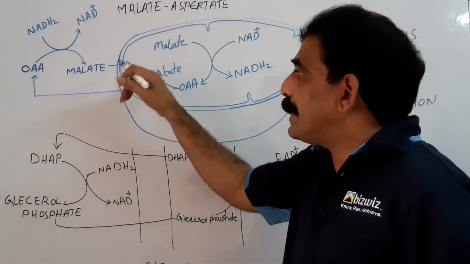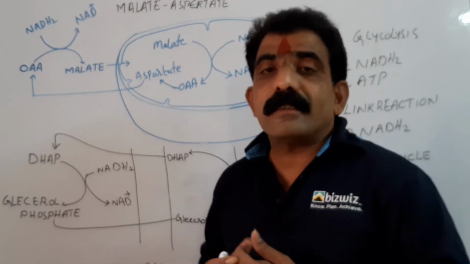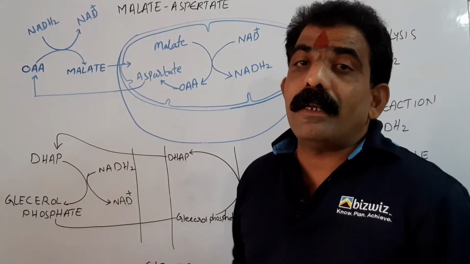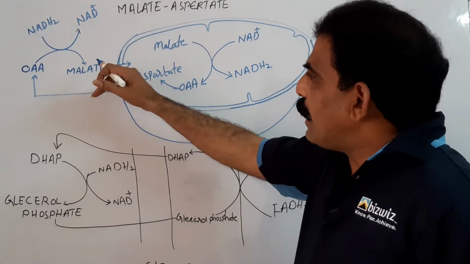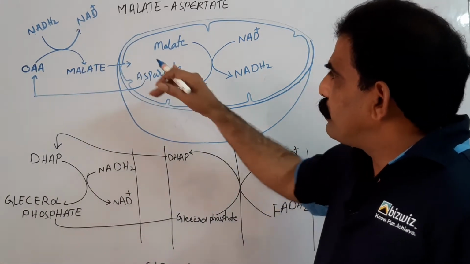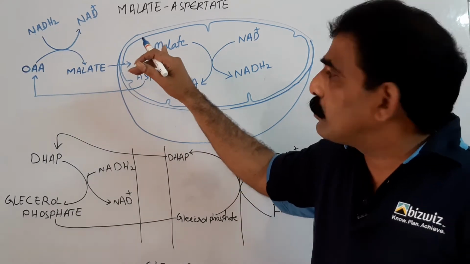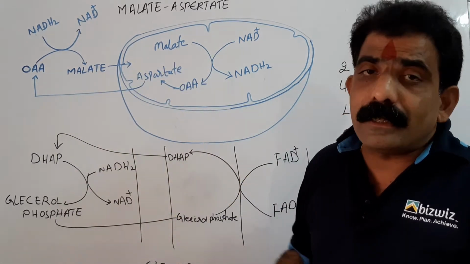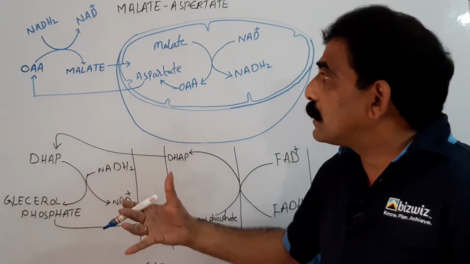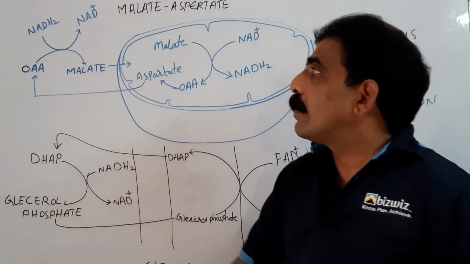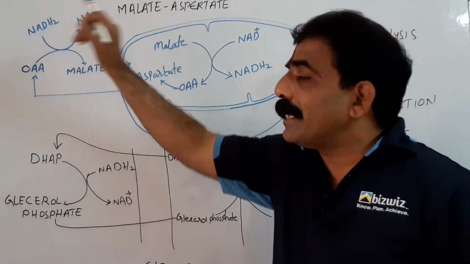Now, the malate can enter into the mitochondrial matrix because the mitochondrial inner membrane is permeable to malate. Inside the mitochondrial matrix, under the influence of malate dehydrogenase enzyme, malate loses the reducing equivalents which it received from the NADH2.